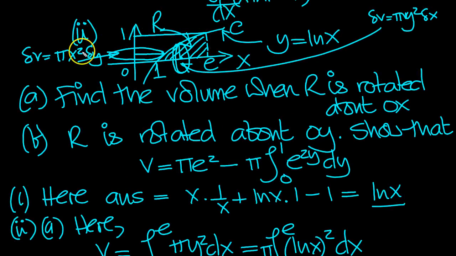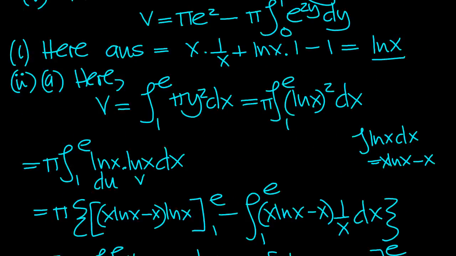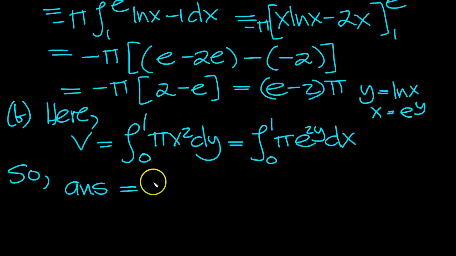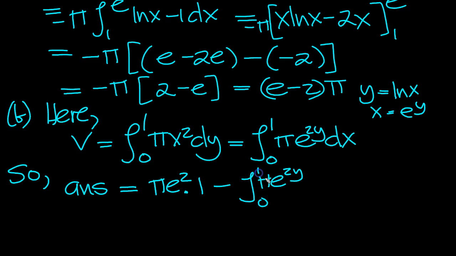We want this whole cylinder volume up to here, so it's pi e squared. Take away this volume. Pi e squared, pi r squared times 1 is the volume of this whole cylinder. Take away this section here, pi e to the 2y between 0 and 1 dy.